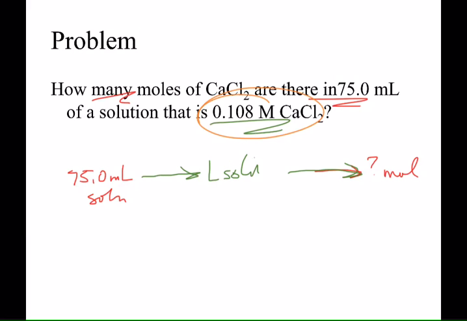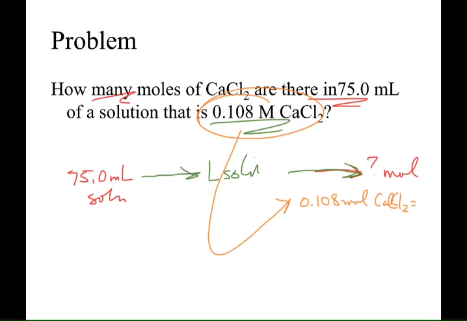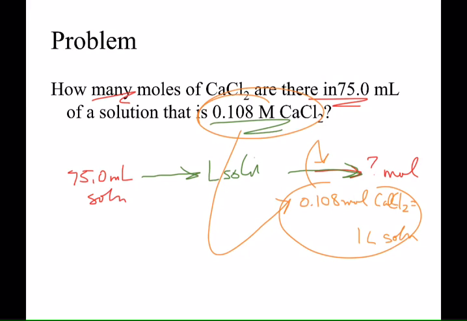And again, I have a slide coming up to unpack that. Let's just go ahead and say the flat version. What the big M means is that for this solution, there's 0.108 moles of calcium chloride, CaCl2, equal to 1 liter of solution. So if we use this right here, we can get from liters of solution to moles.